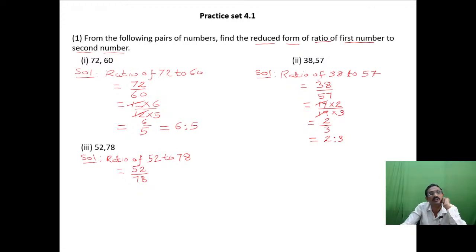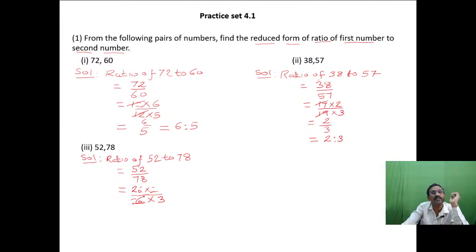We need to have a table. Let us think of a table, or we can remove factors from that. But we know that 26 into 2 gives me 52, and 26 into 3 gives me 78. So let us write this, which is equal to 26 into 2 upon 26 into 3.